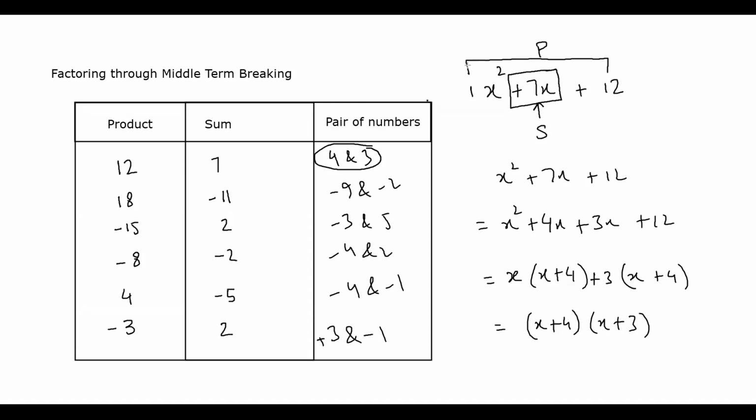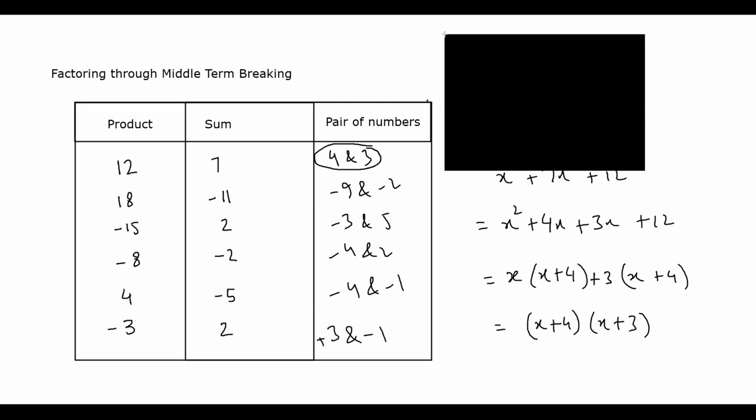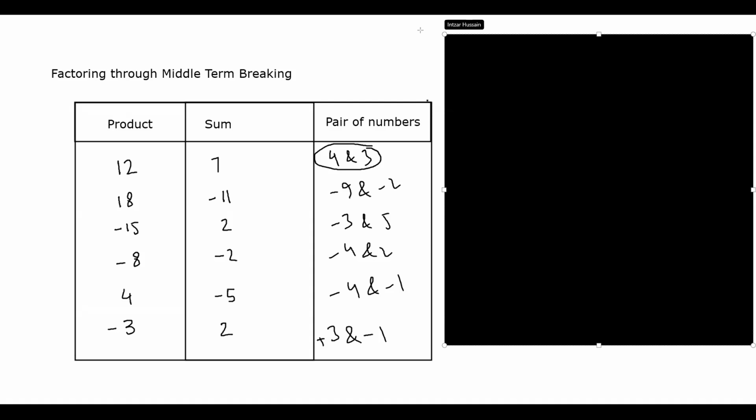Now for the next question, suppose you had x square minus 11x and then plus 18. Okay, so this is the sum over here. And since there is 1 over here, 1 into 18 is going to be 18.